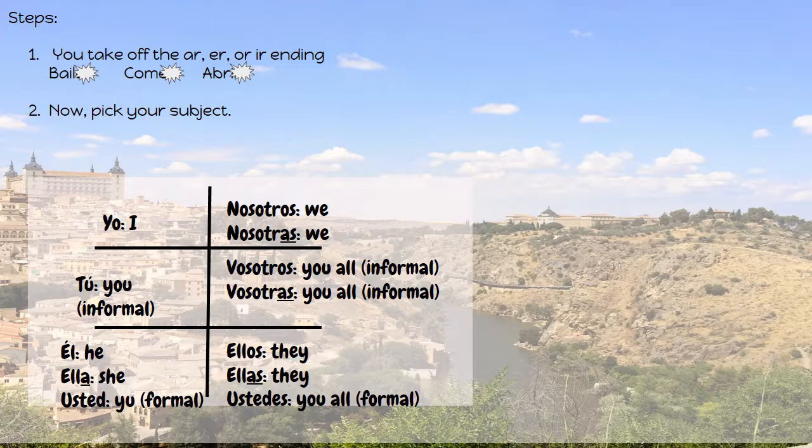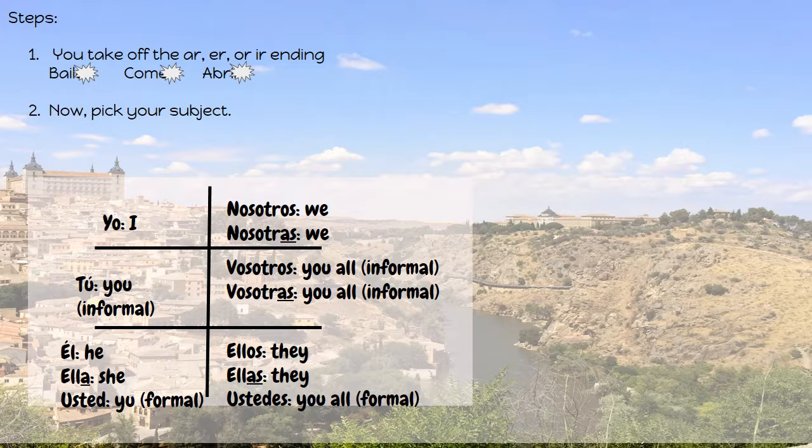And so you're left with, instead of bailar, you're left with bail. For comer, you have com, and abrir, you just have abr. Okay, so now we've got to find out who our subject is. So going back to that box I just showed you with all of our pronouns, I, you, he, she, we, you all, they, we've got to figure out who our subject is.